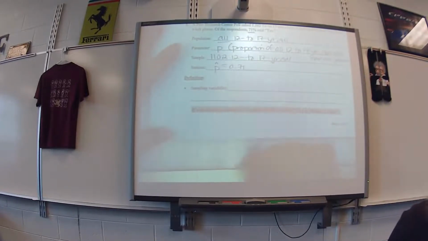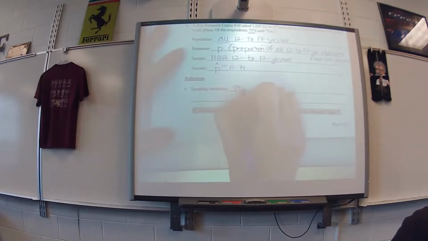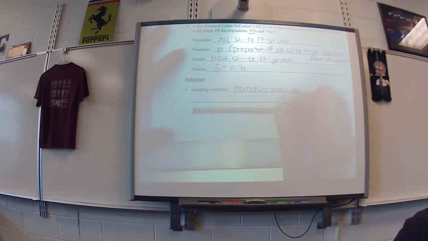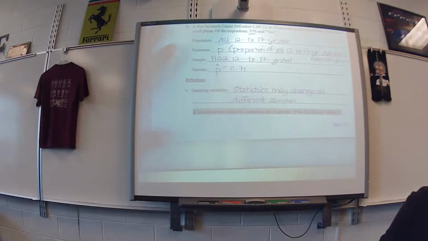Sampling variability simply refers to statistics that may change with different samples. And therein lies the whole concept of statistical inference.